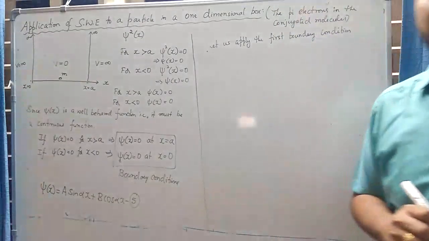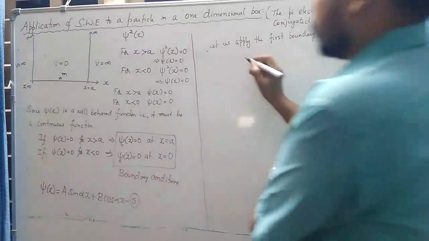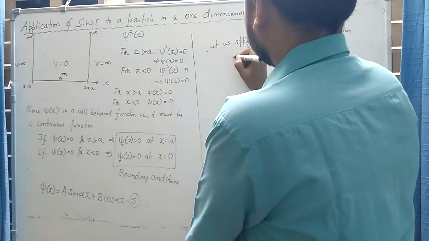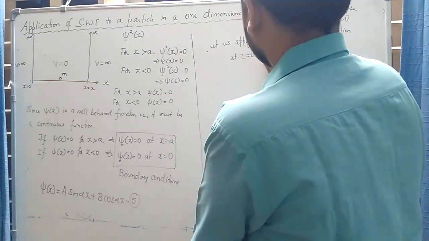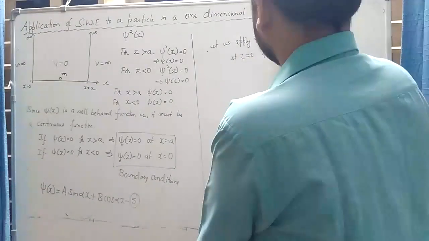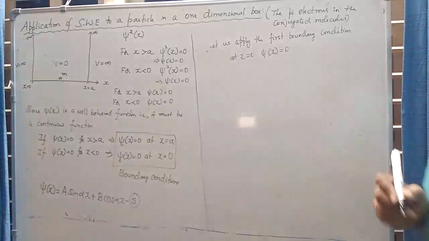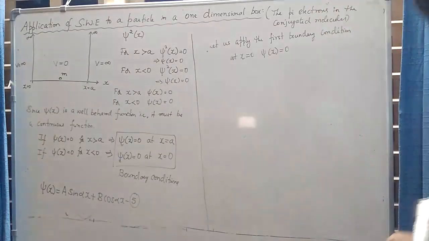Let us apply the first boundary condition. What is the first boundary condition? At x is equal to 0, psi of x is equal to 0. Let us apply it here.